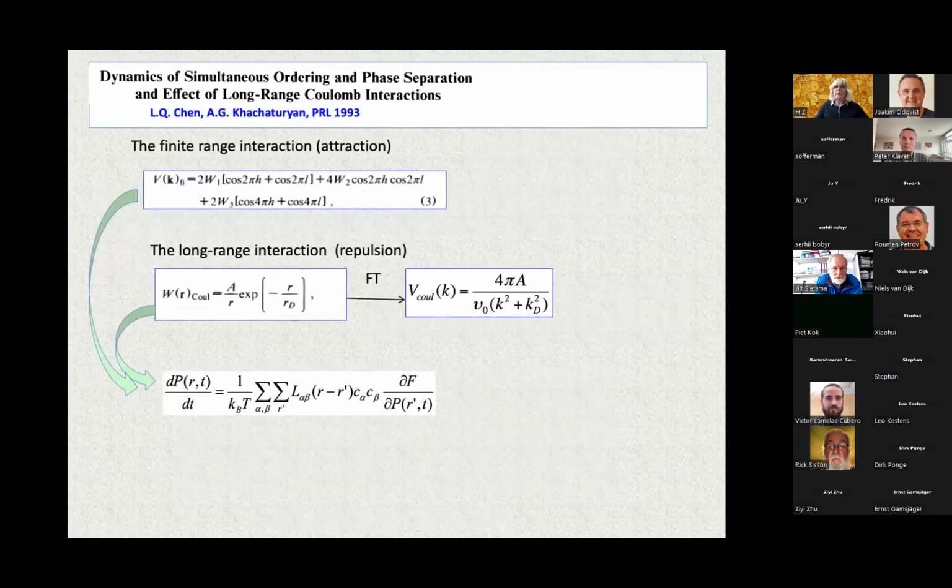But in the 90s, Long-Qing Chen and Khachaturyan started to develop this kind of approach, the atomistic density function approach, and obtained some very interesting results. They include in the interaction potential two kinds of contribution. First of all, some finite range interaction, which was attraction, and long-range interaction, which in this case was a repulsive interaction in the Coulomb form. So this is just Coulomb interaction here.